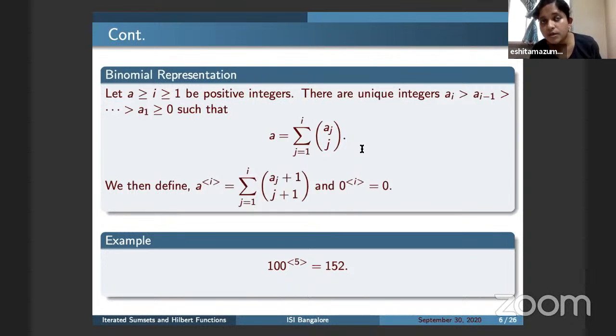What is the largest possible value of x so that 10 minus binomial coefficient x choose 3 is greater than or equal to 0? That you need to find out.